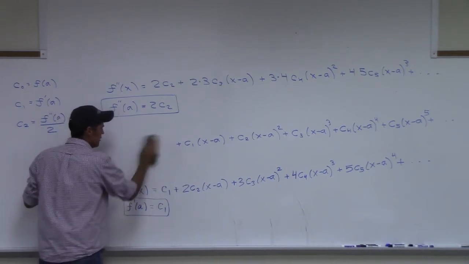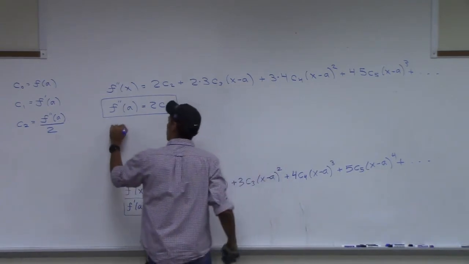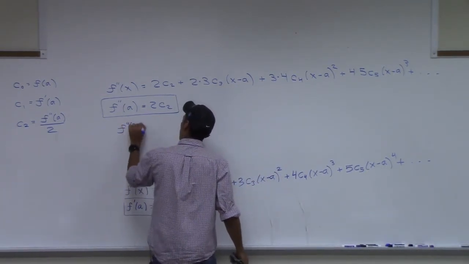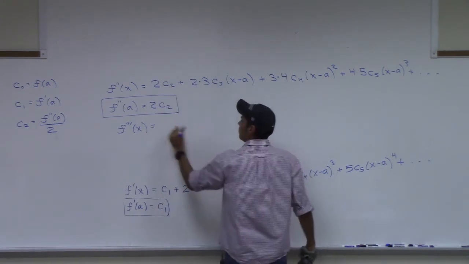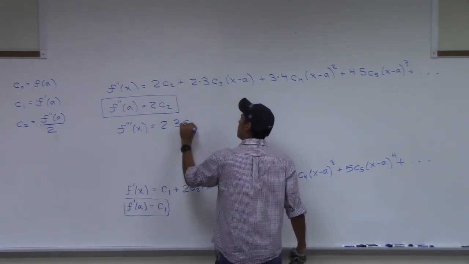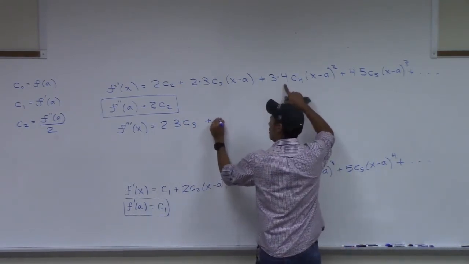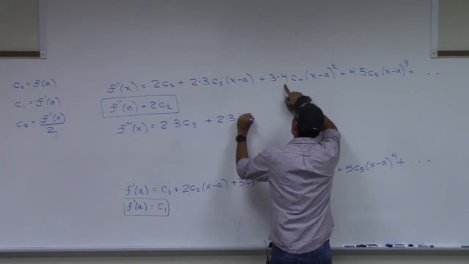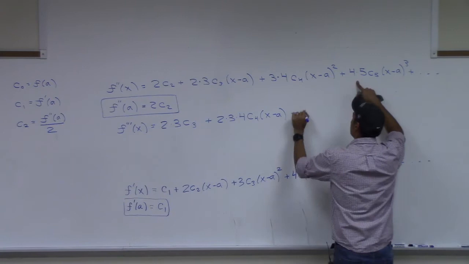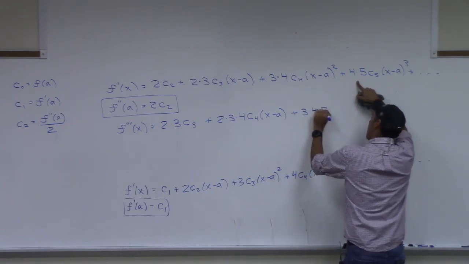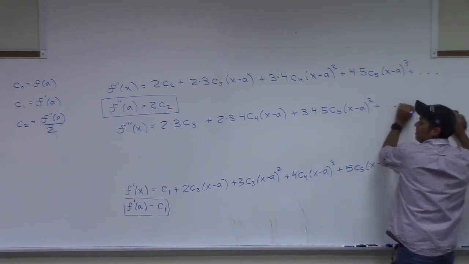Now let's do our third derivative. That's gone, right? Okay, this one, 2 times 3 c sub 3. Plus this one, 2 times 3 times 4 c sub 4 x minus a. This one, 3 times 4 times 5 c sub 5 x minus a squared plus dot dot dot.